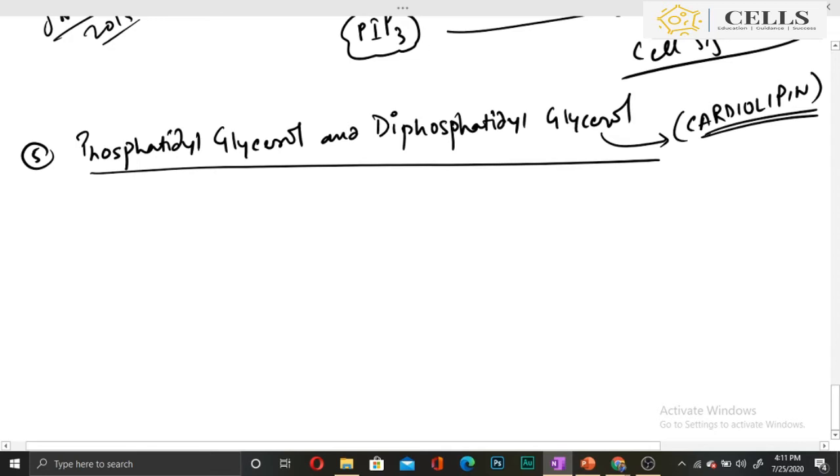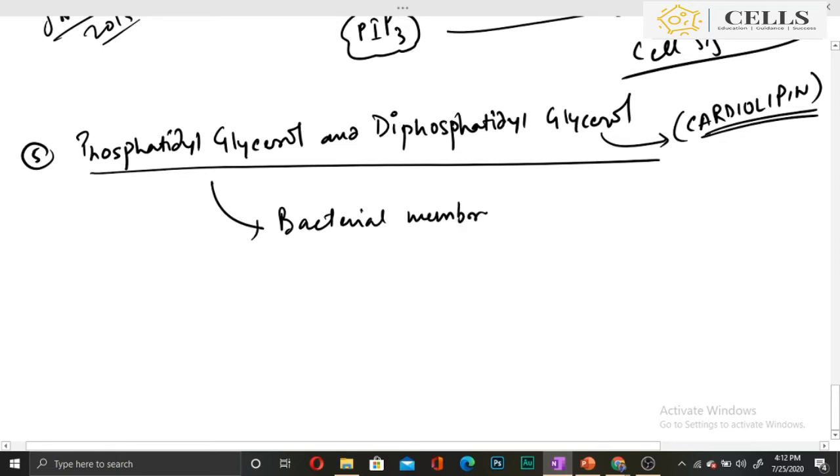Now, what I'm going to write is also very important. Phosphatidyl glycerol and cardiolipin, the diphosphatidyl glycerol, are the bacterial membrane lipids, along with phosphatidyl ethanolamine, which we discussed in the first part.